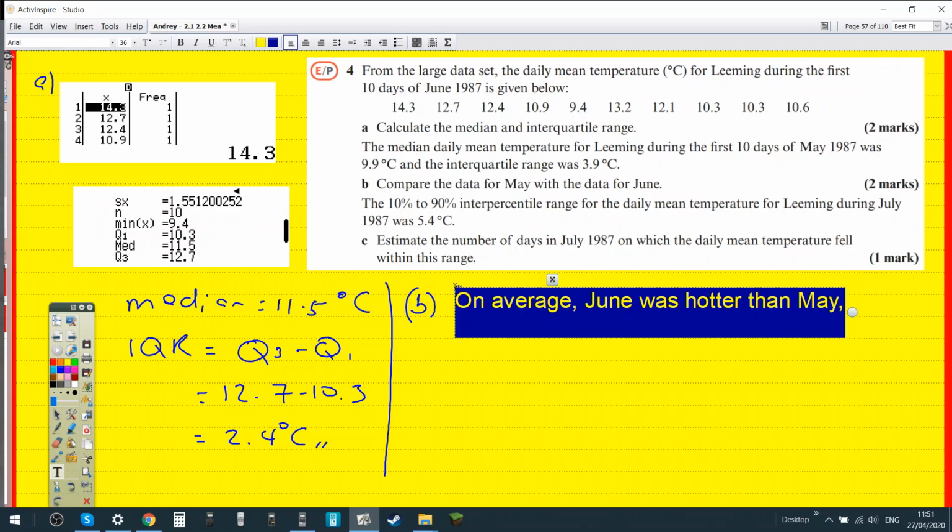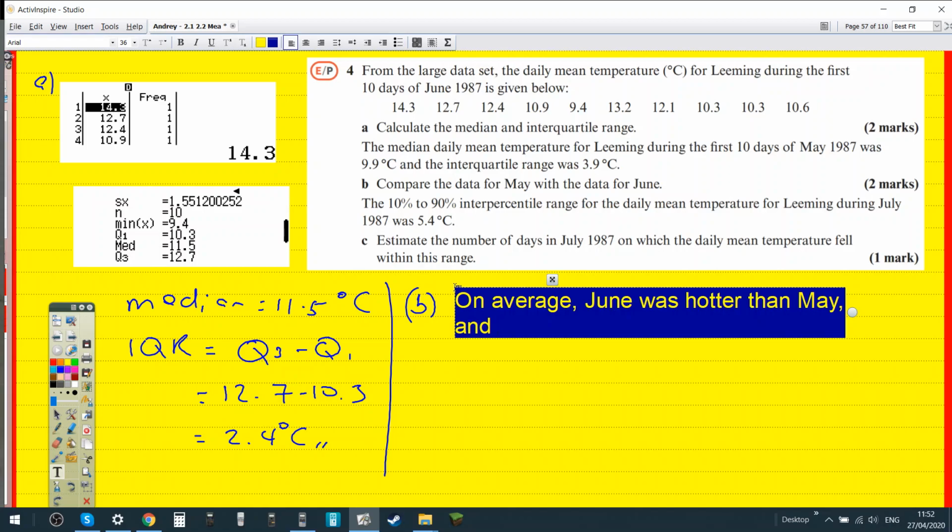Yeah. To do it the other way, we talked about June for the first one. So, on average, June was hotter than May, and there was less variety in the temperatures in June, or more variety in temperatures in May. Yep.